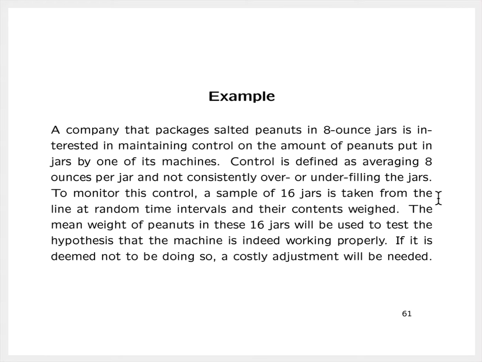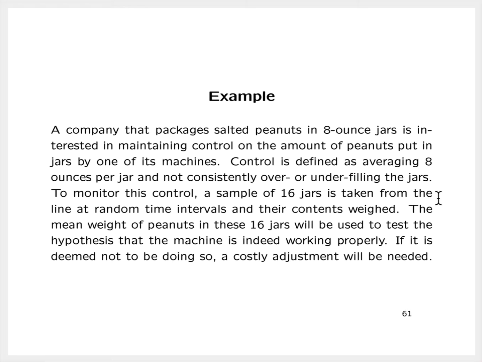In any given time, we're not going to know exactly. In fact, we will never know exactly what the true value of mu is. And we also need to keep in mind that that may change over time. Obviously, we know that's the case because we have this quality control procedure that is used on a regular basis. And so we know that as the machine goes along and wears and things like that, that things may happen to the machine that cause it to dispense improperly.